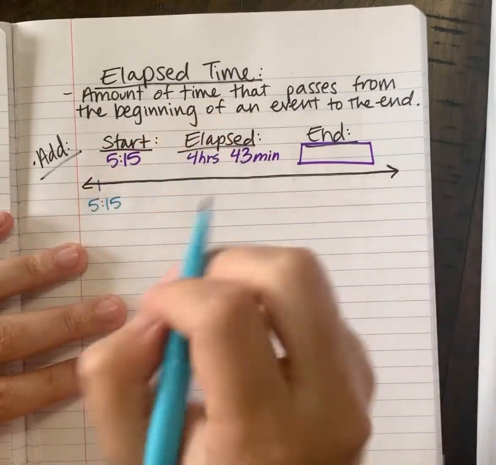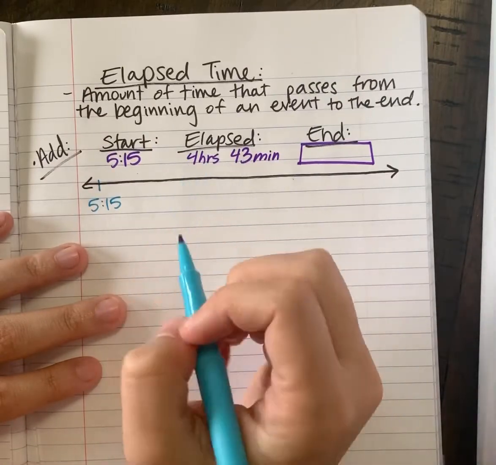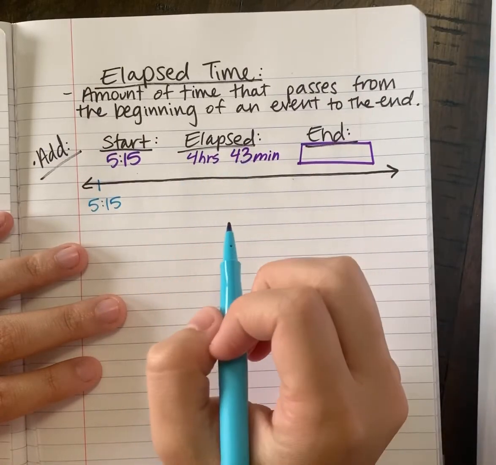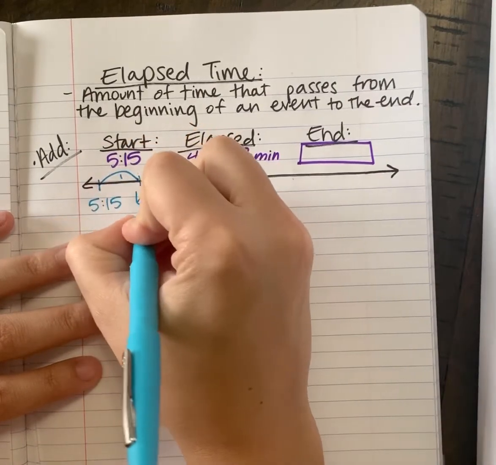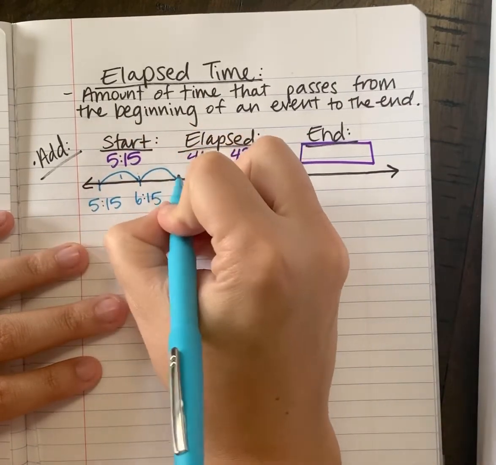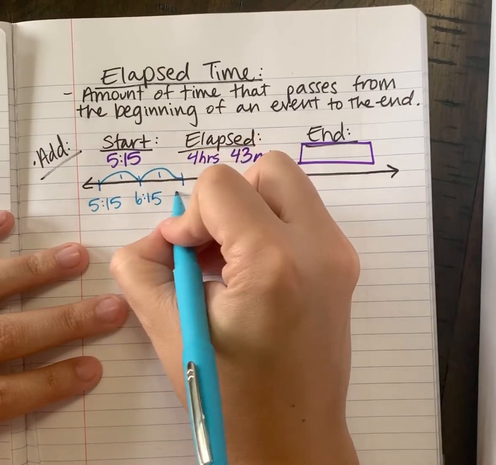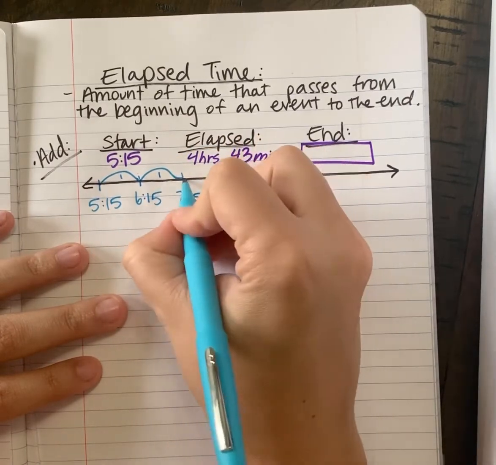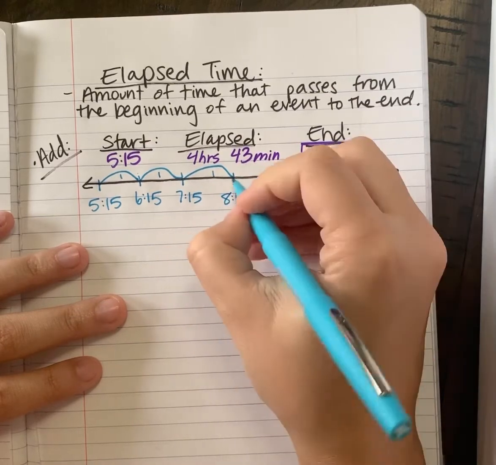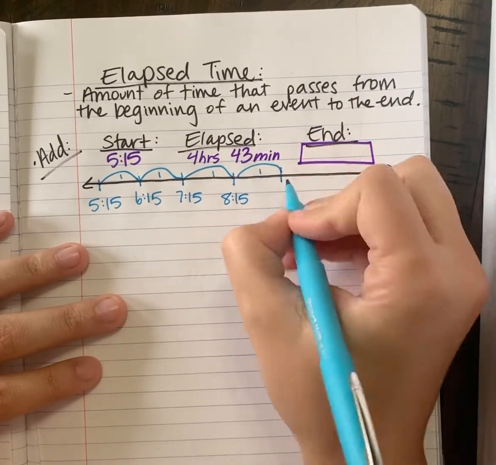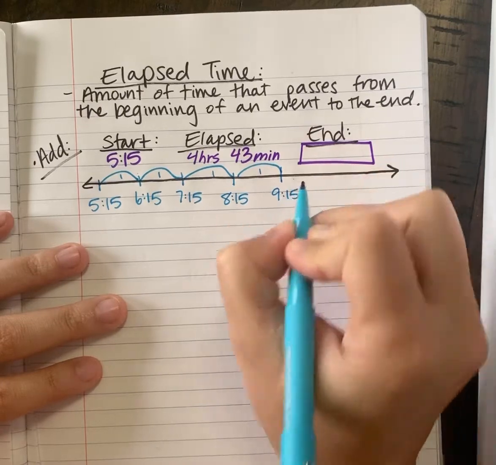I'm going to start by jumping the 4 hours one by one, and then I'll do the minutes. 1 hour, 6:15. 2 hours, 7:15. 3 hours, 8:15. 4 hours is 9:15. We're not done.